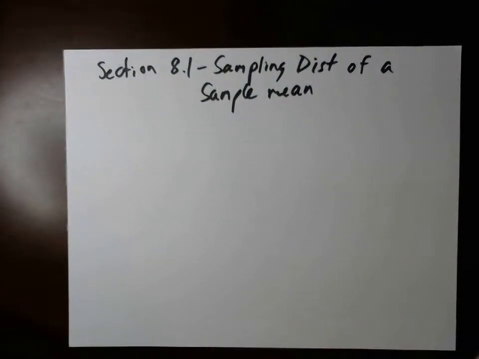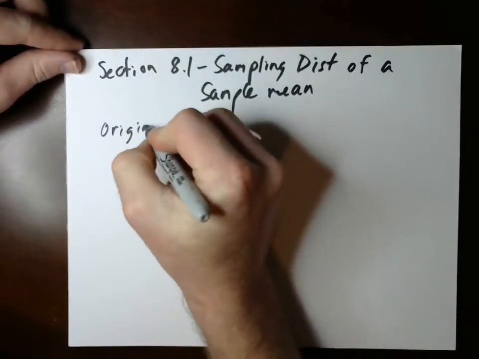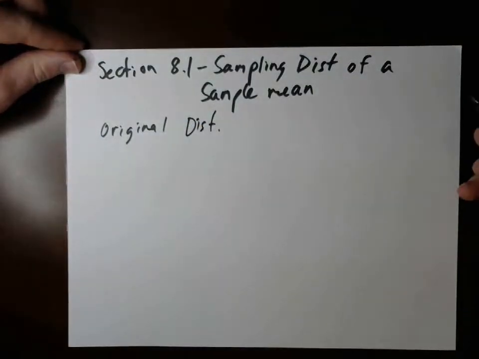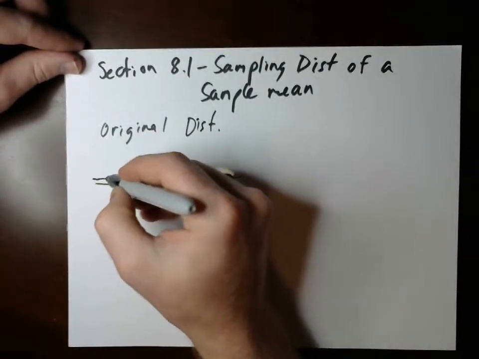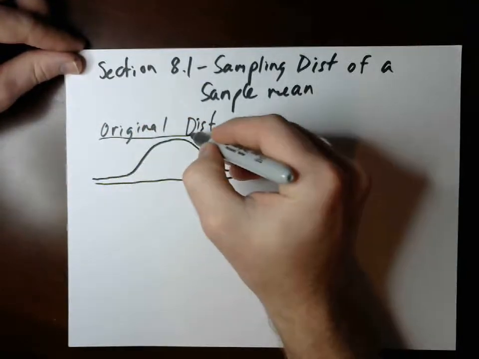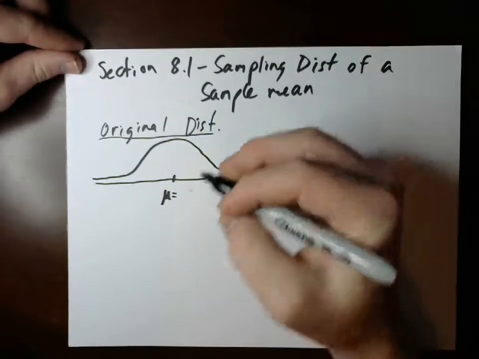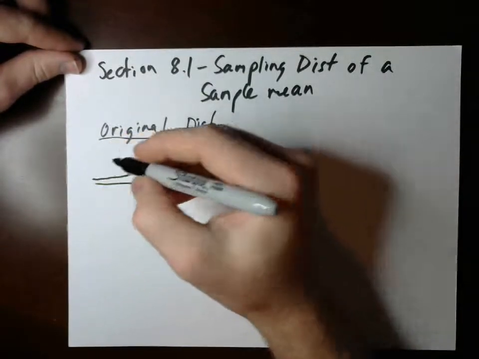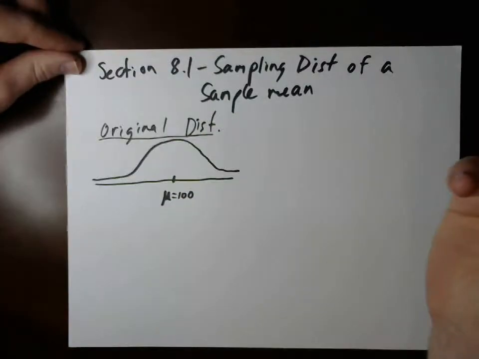Let's say we have a normal distribution, and this original distribution is normally distributed with mu equals 100 and the standard deviation being 15.